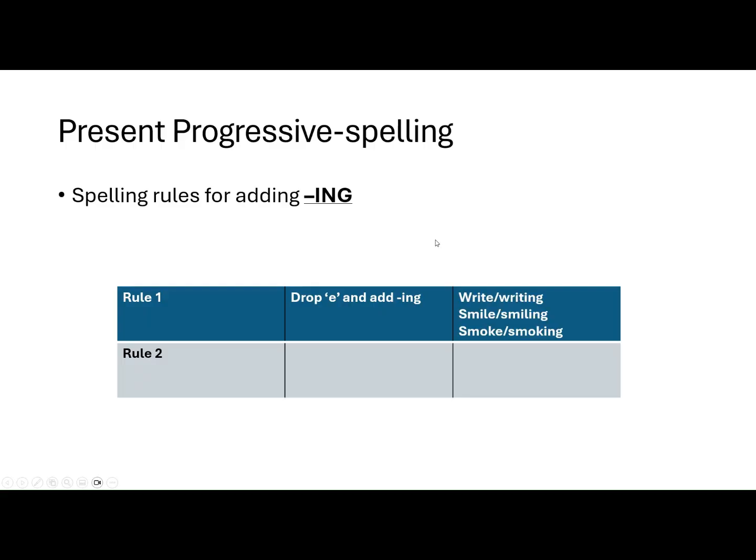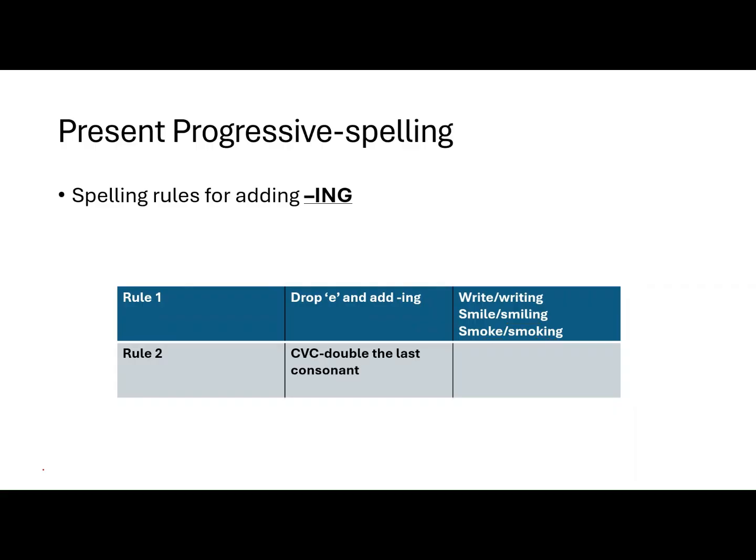For example, write becomes writing, where we drop the E and add ing. Smile becomes smiling, and smoke becomes smoking. So first, if the verb ends in E, drop the E and add ing.